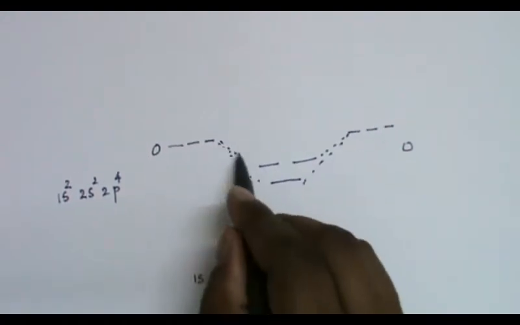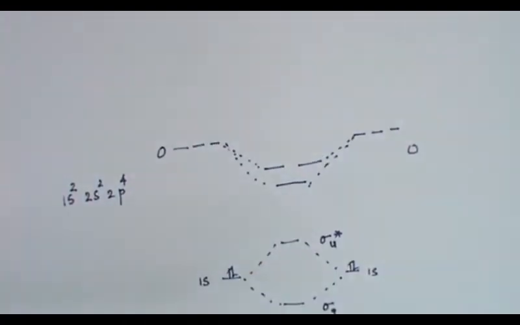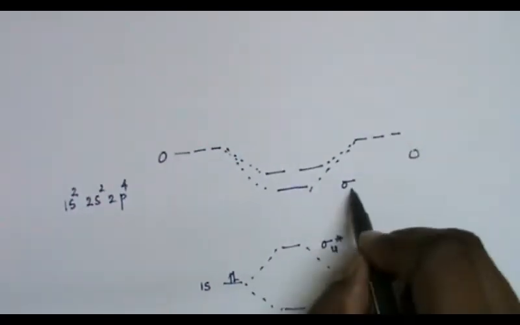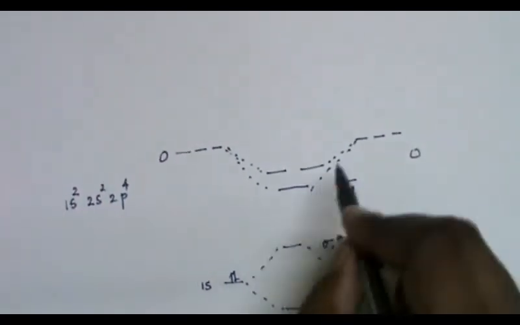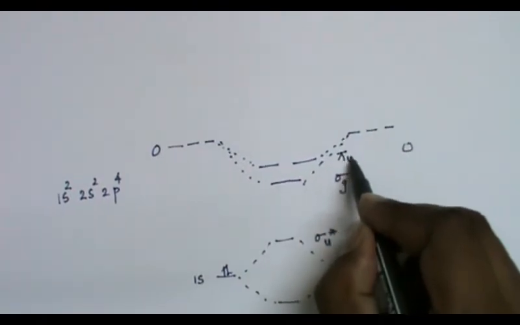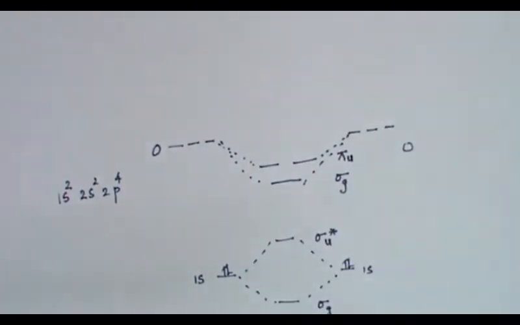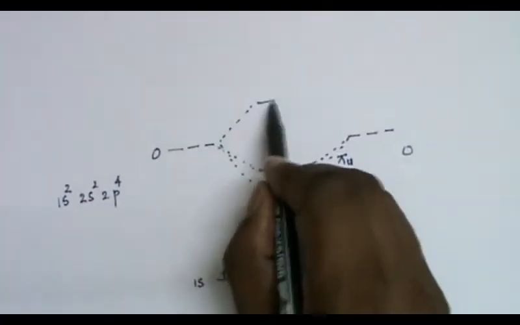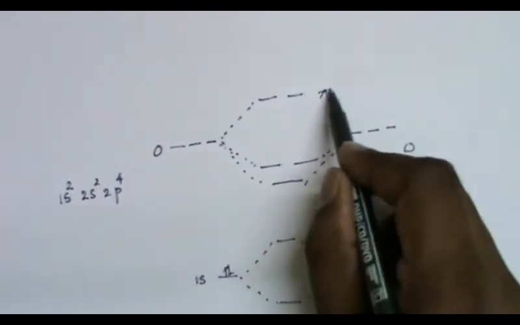So you can refer to MO theory. There we get it like this. In the case of sigma, we have gerade. In the case of pi, it is ungerade. I will explain why we get that. Here we have pi anti-bonding.